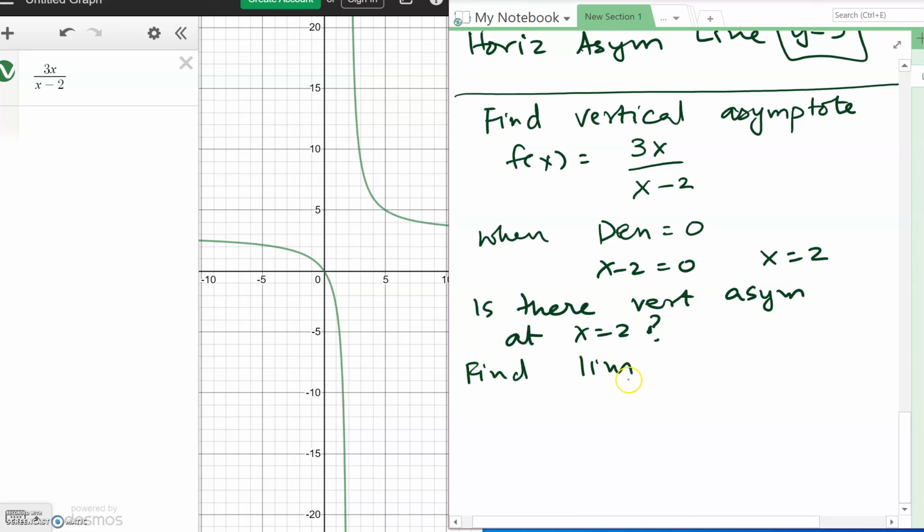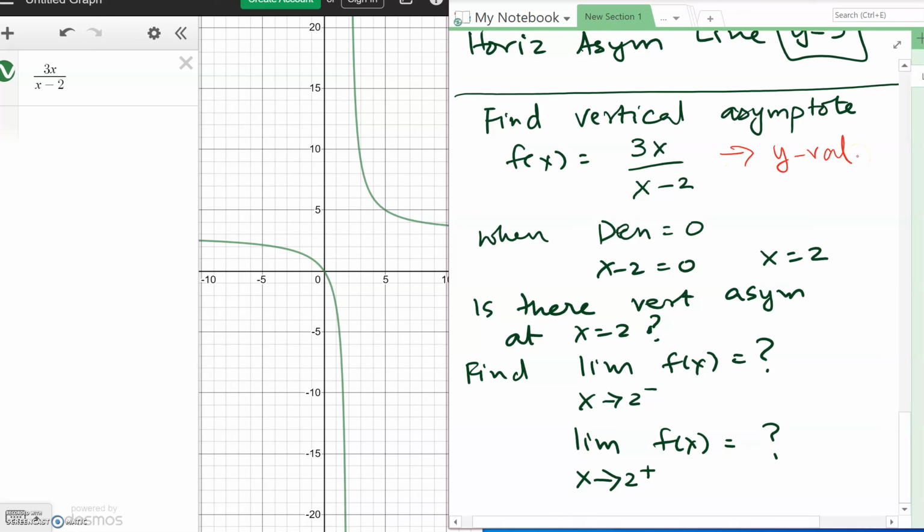The left limit at 2, which means x approaches 2 from the left side, what happens to f of x? And as x approaches 2 from the right side, what happens to f of x? Basically we're talking about the y value here.